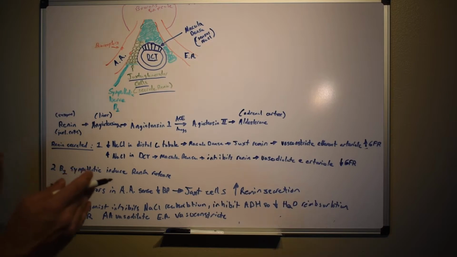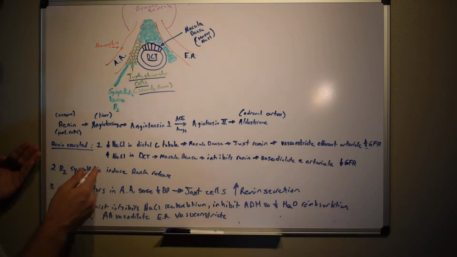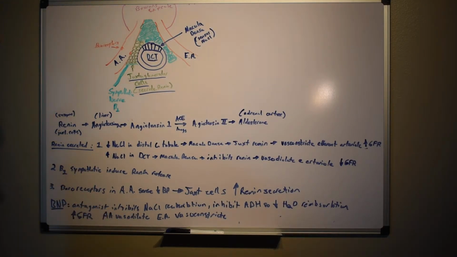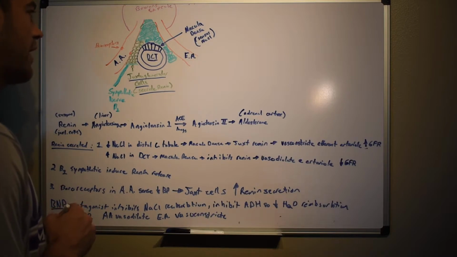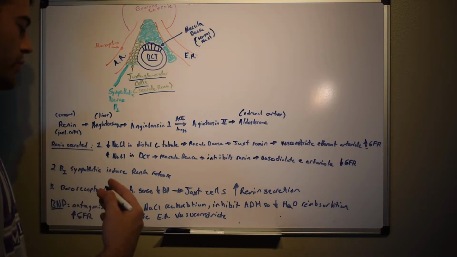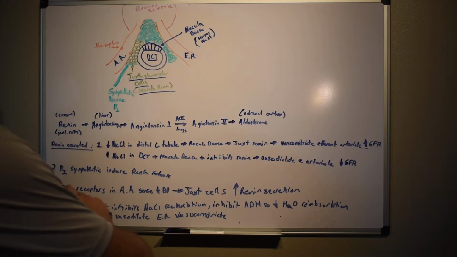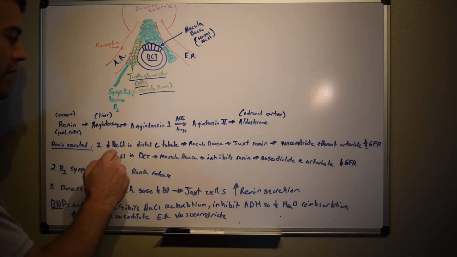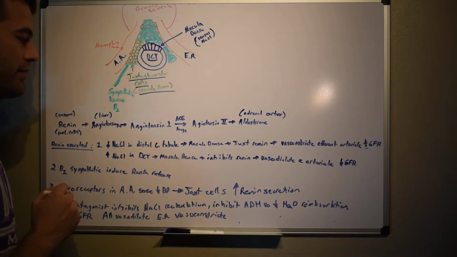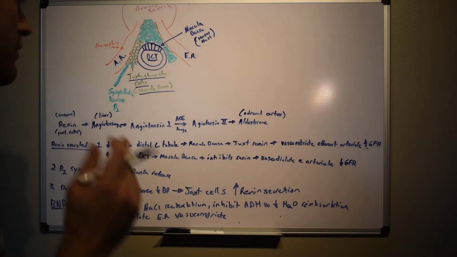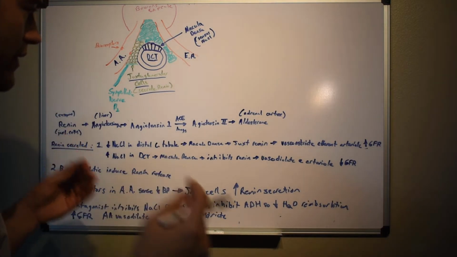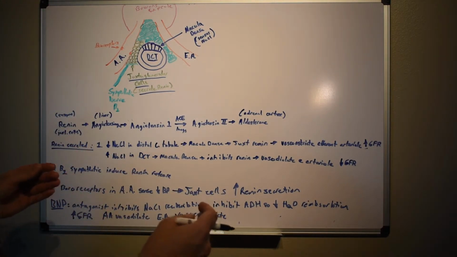So I've put a little bit of a cheat sheet here for us to look at. If our distal tubule is, say, hypotonic, meaning we've got a decreased amount of salt in the distal tubule, that means we're going to have to increase our blood pressure, right?